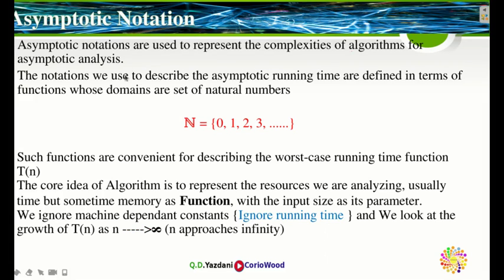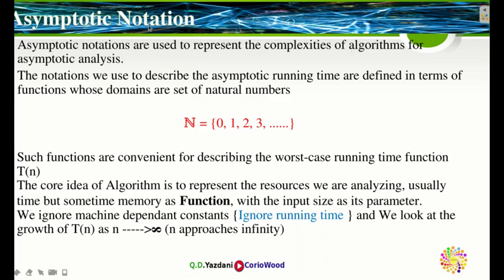In this video we've seen asymptotic analysis and asymptotic notation. In the next video we're going to discuss the most important aspects of asymptotic notation: the growth, the worst case running time, and the big omega, big theta, and big O notations.